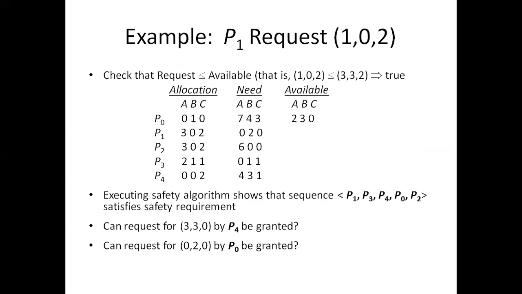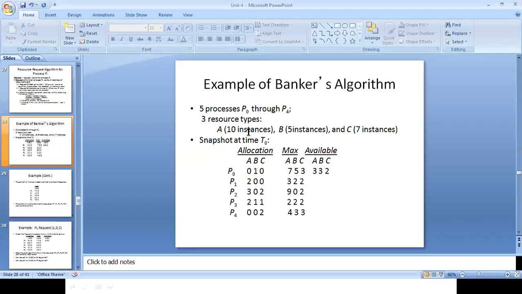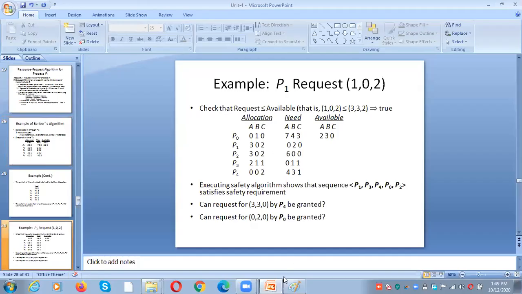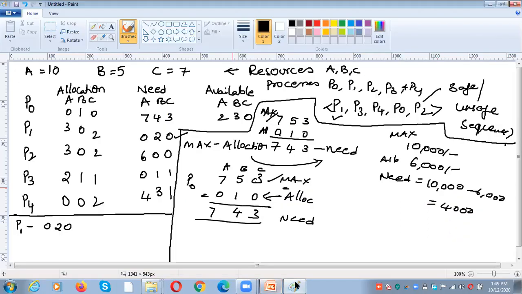We need not convert, and we need not subtract max minus allocation. Directly they have given the need. Okay, you need to observe the difference.